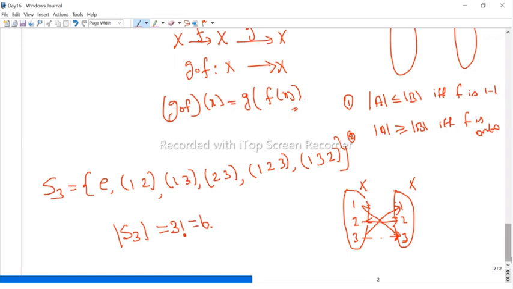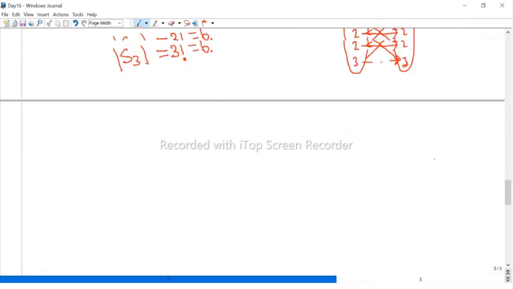Okay, so now we discussed what a group is, and next what a subgroup is.